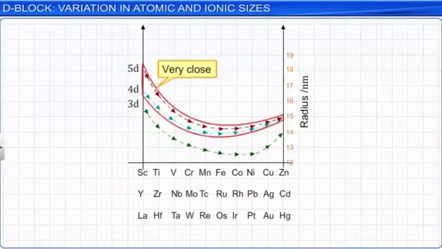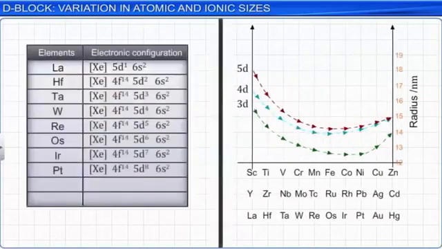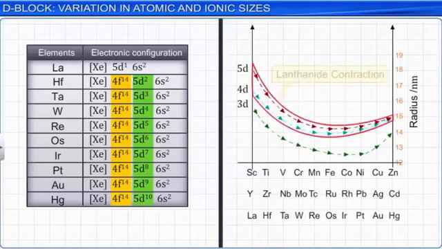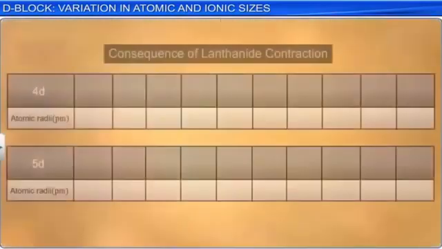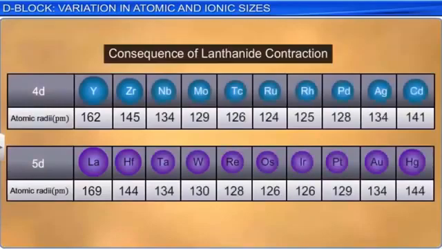This is due to the fact that the 4f subshell fills up before the 5d orbitals, which results in a regular decrease in atomic radii. This steady decrease is called lanthanoid contraction. The consequence of lanthanoid contraction is that the radii of the second and third transition series are similar.